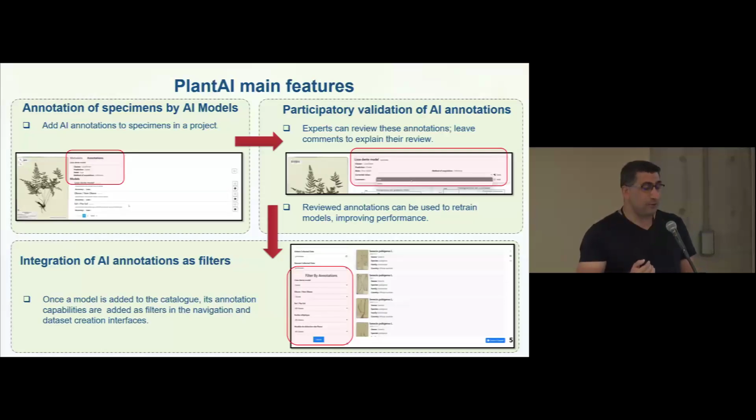The reviewed annotations can then be used to retrain models later or train new models to improve performance. And once a model is added to the catalog, its annotation capabilities are immediately added as filters in the navigation and dataset creation interfaces.